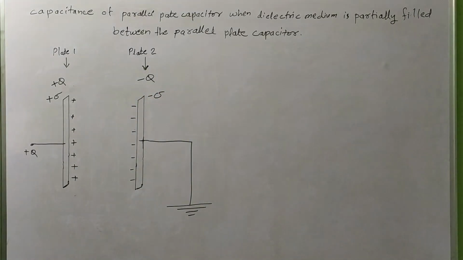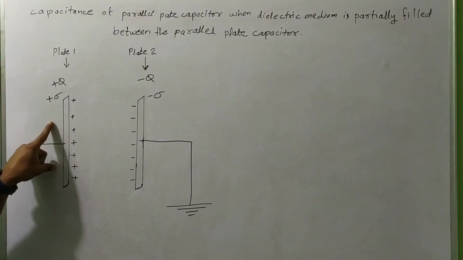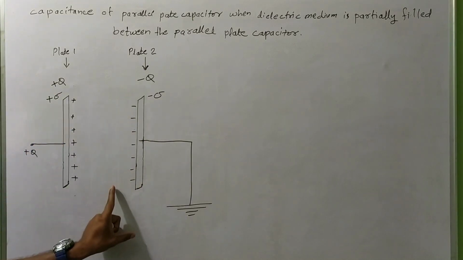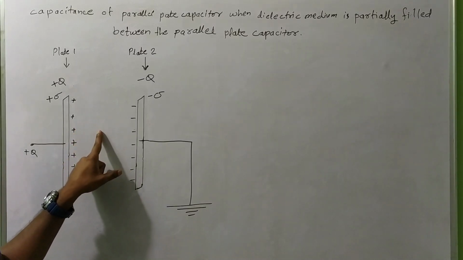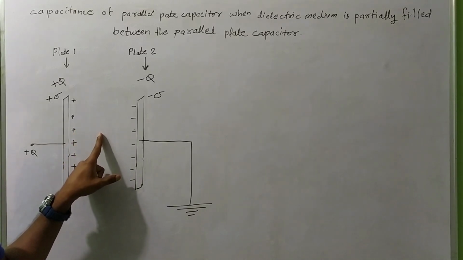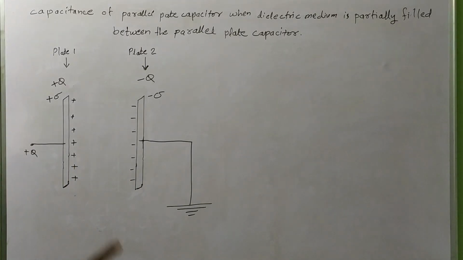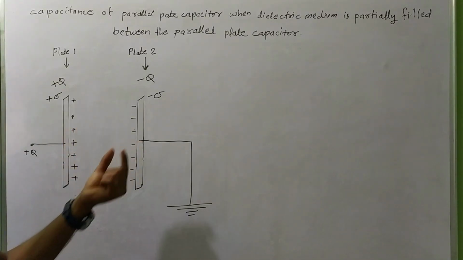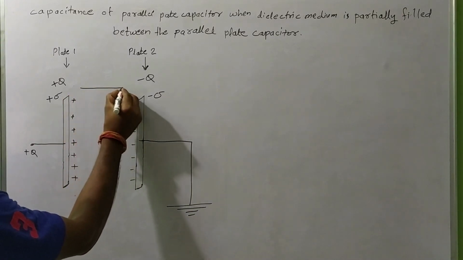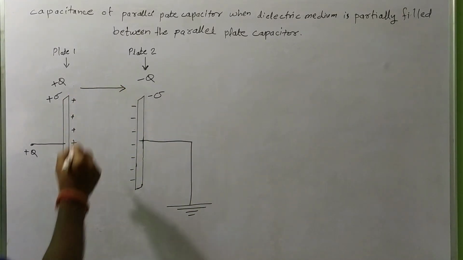Here a positive plate and here a negative plate, that's why an electric field will be produced. The direction of the electric field is from the positive plate to the negative plate. So this will be the electric field.